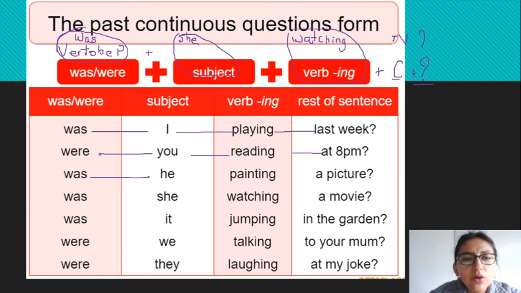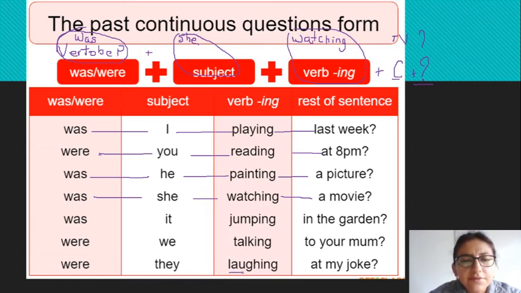And was he painting a picture? ¿Estaba él pintando un dibujo? Okay? And also we have the rest. For example, was she watching a movie? Was it jumping in the garden? Were we talking to your mom? Were they laughing at my joke?